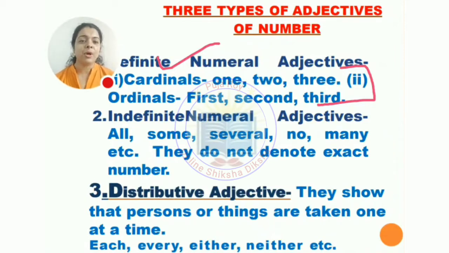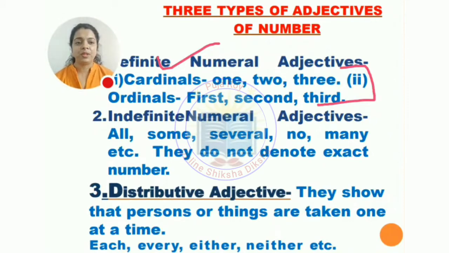So when we talk about each, when we talk about every, when we talk about either and neither, we are talking about distributive adjective. Though the number is not fixed, still it is almost fixed. Each means one, every means one, either means one out of two, and neither means none of the two.